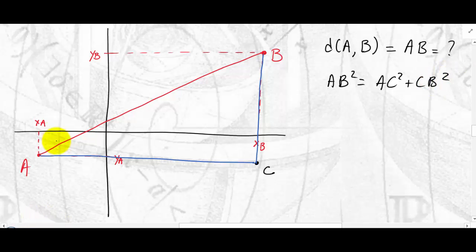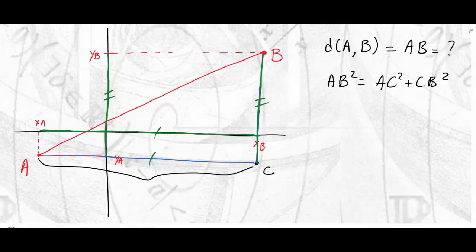Now AC squared, this length right here, is congruent to this one right here. Same length. While BC squared, this one right there, is congruent to this length right here, okay?